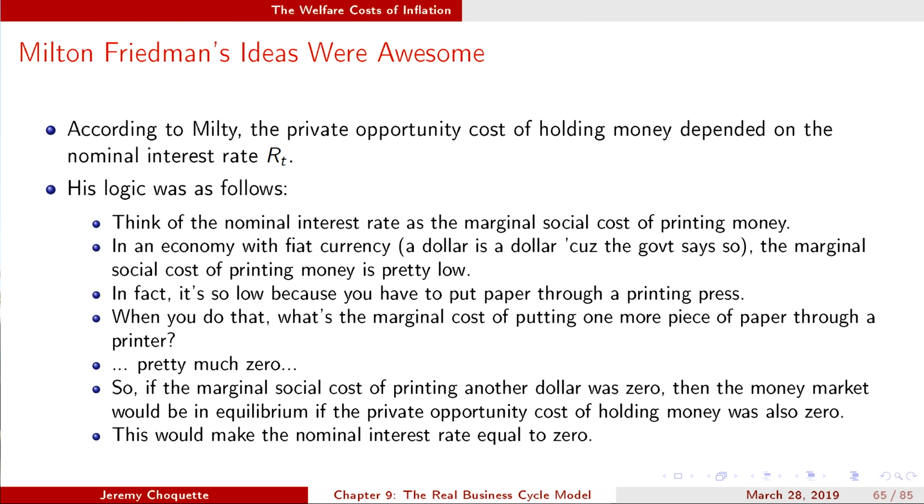Thus, the nominal interest rate is equal to zero, because that's the marginal social cost of printing one more dollar. That implies the nominal rate is zero, which gives us a welfare maximizing optimal quantity of money.